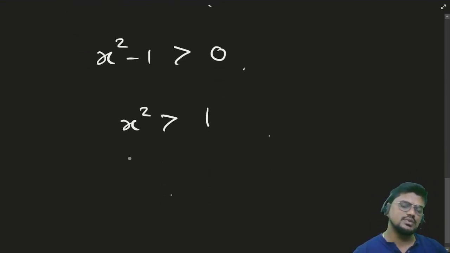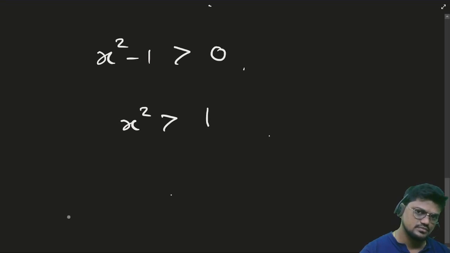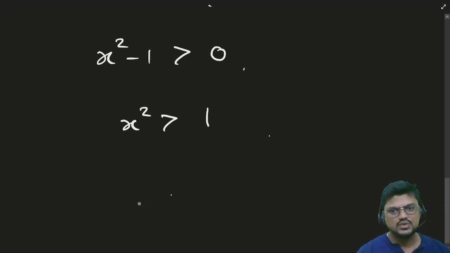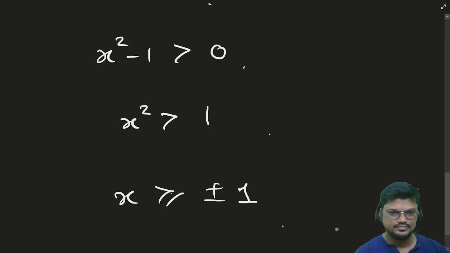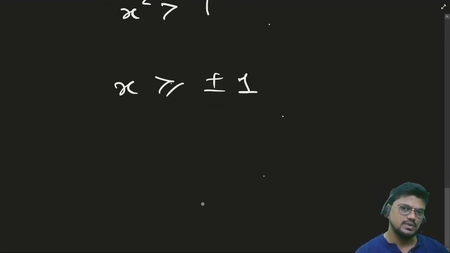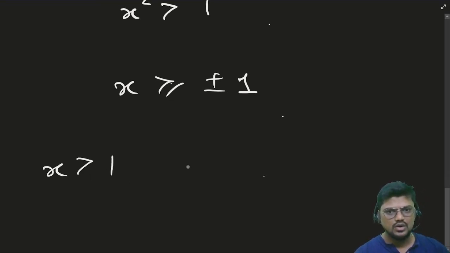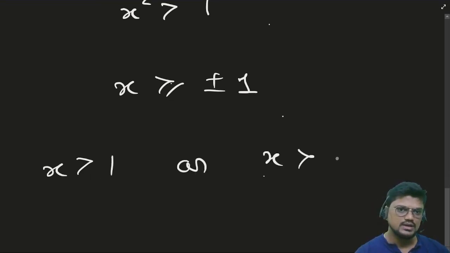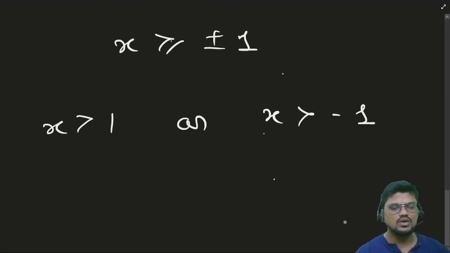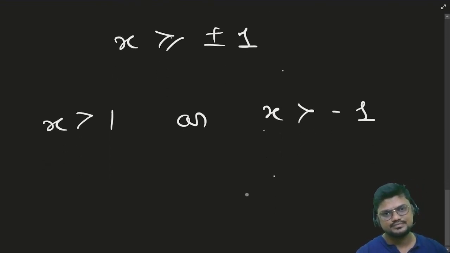Now, x square has to be greater than 1. If I take the square root, x has to be greater than plus or minus 1. Now, that means x has to be greater than 1 or x has to be greater than minus 1. But it cannot be between.